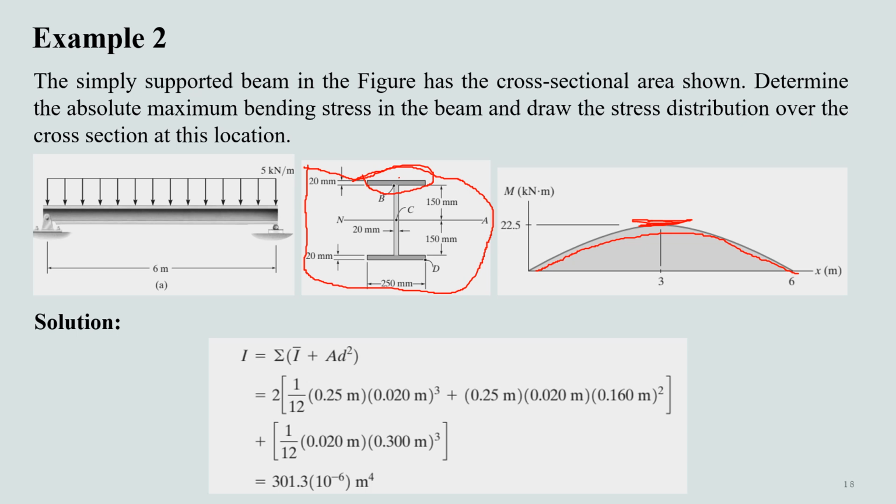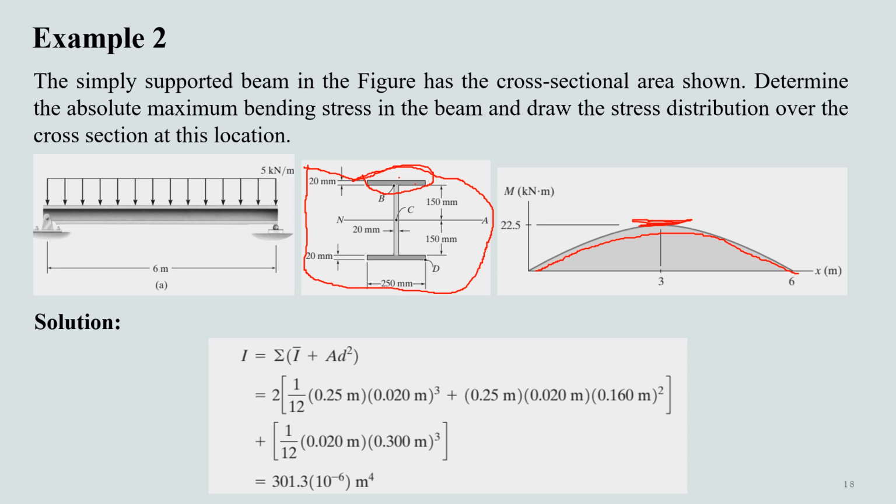Okay, how can we apply this theorem here? First of all, you need to determine the moment of inertia for these individual rectangles using the basic formula of bh cubed by 12.